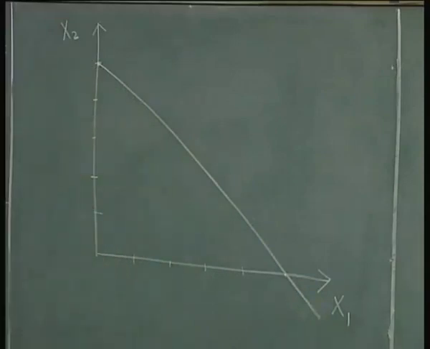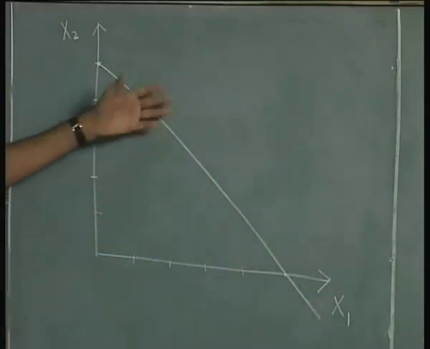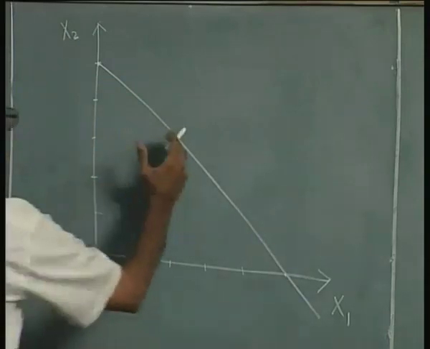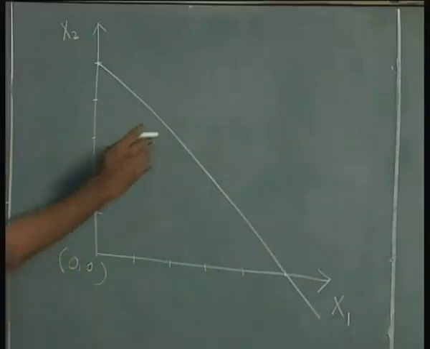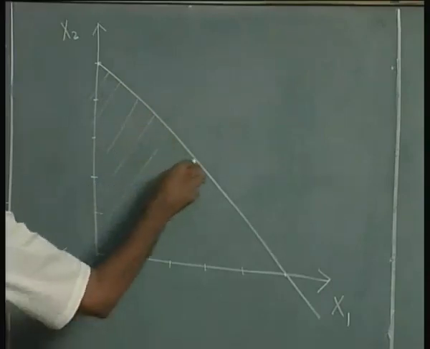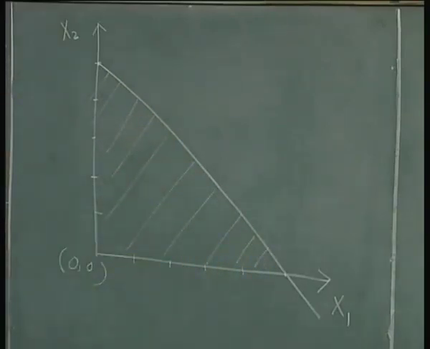So, we draw the line, this is x1 plus x2 equal to 5. Now, this line divides the quadrant into 2 regions, one which will be less than or equal to 5 and the other greater than or equal to 5. The origin 0 comma 0 being less than 5 would mean that this is the area which is x1 plus x2 less than or equal to 5. So, we just mark the region x1 plus x2 less than or equal to 5.